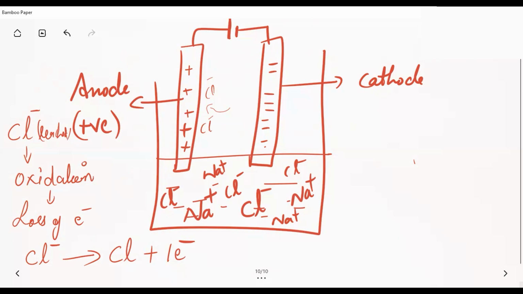Okay, clear? Then we know one more thing: chlorine is a diatomic molecule, right? So chlorine has to exist as Cl2.